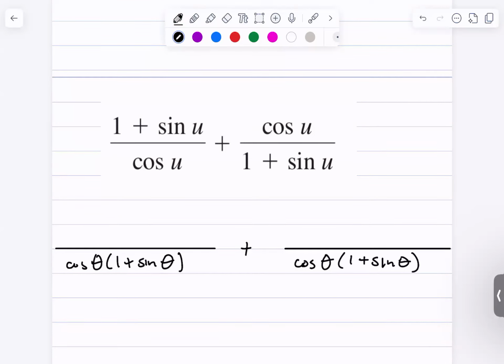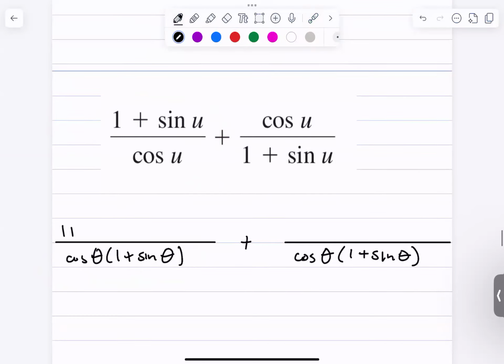Okay? So in my first fraction here, what do I need to multiply by to get to this denominator? 1 plus sine theta, right?